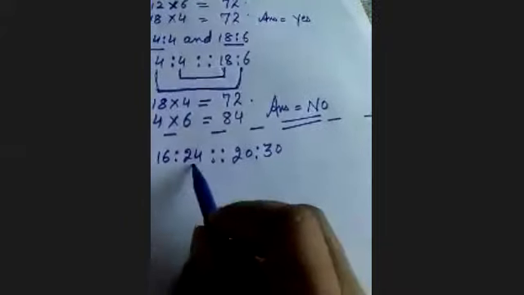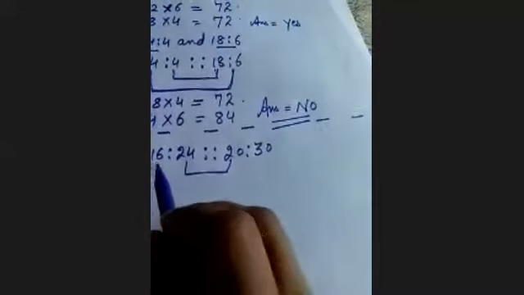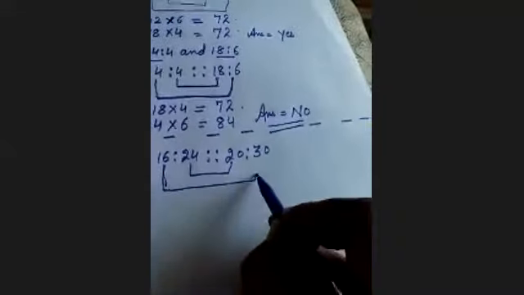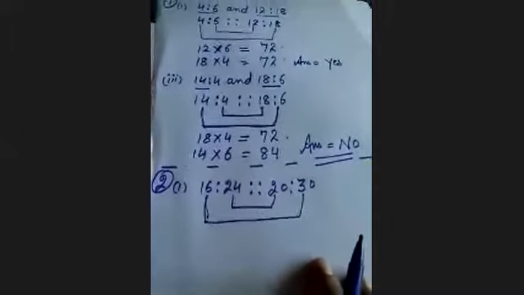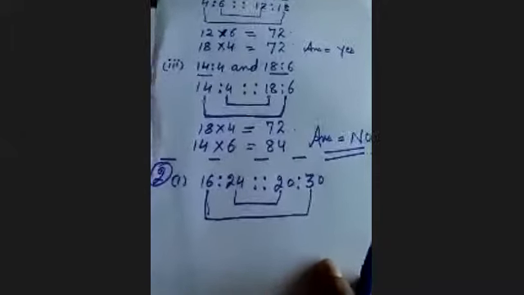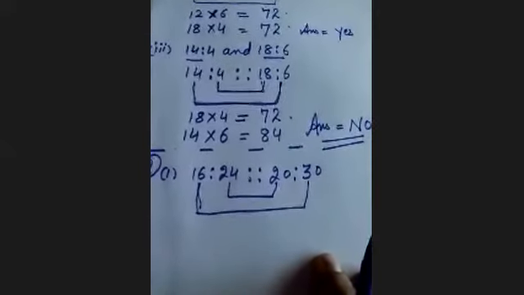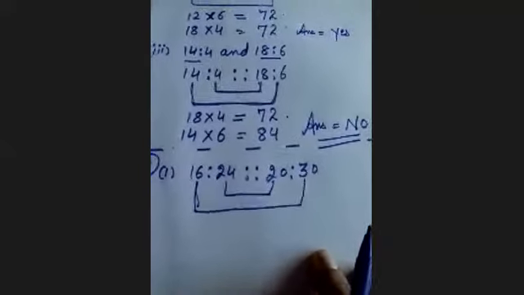We will use the same method, product of means and product of extremes. If the product of means is equal to the product of extreme terms, then we can say this statement is true. If the products are not equal, then this statement is false.